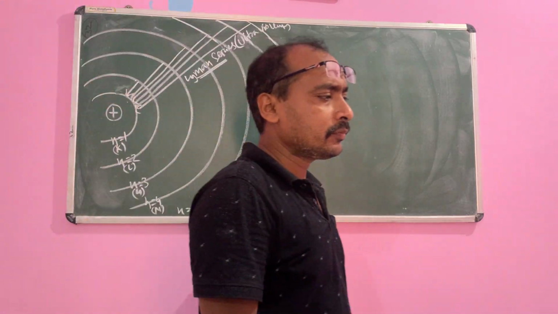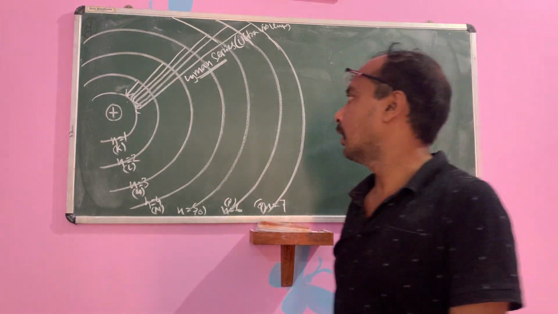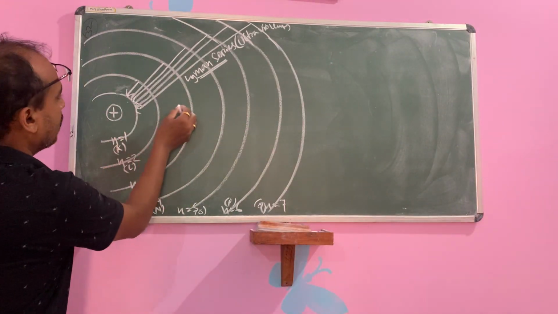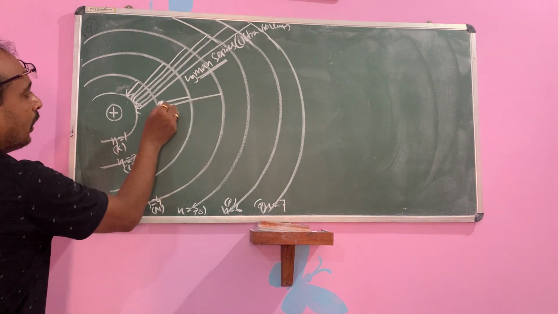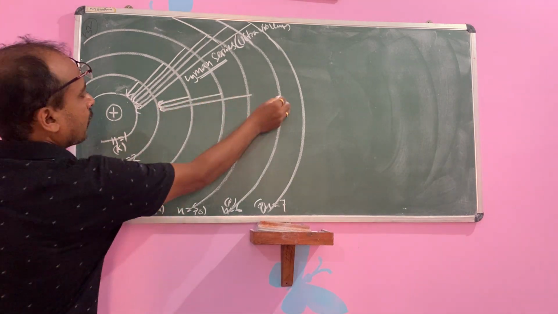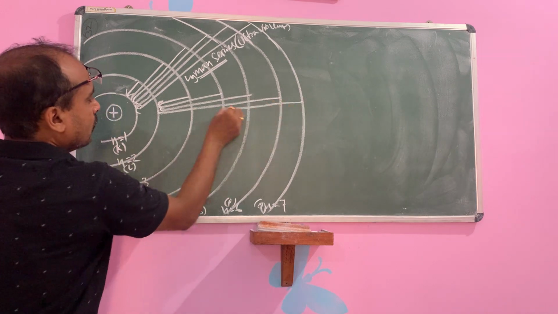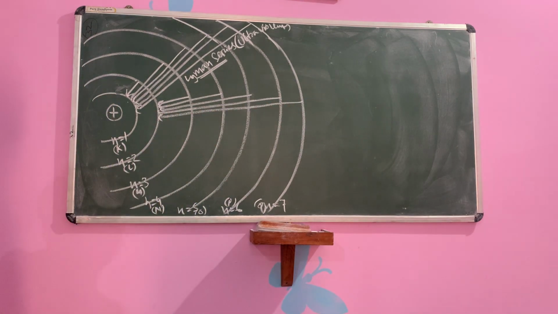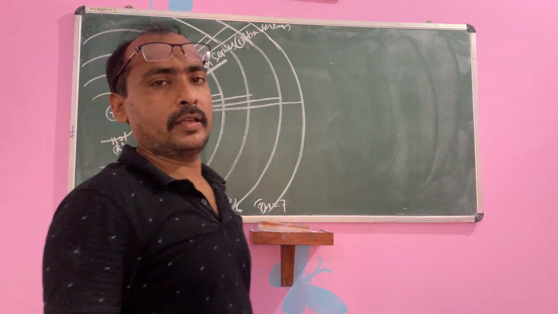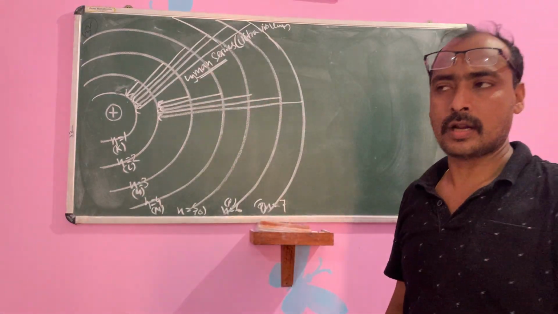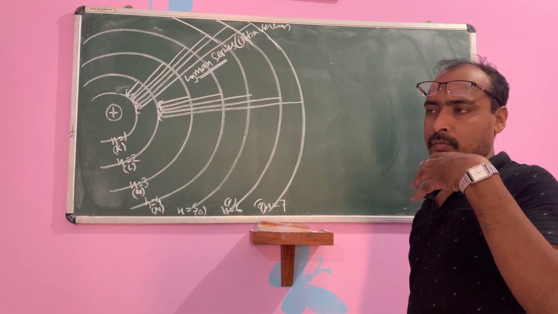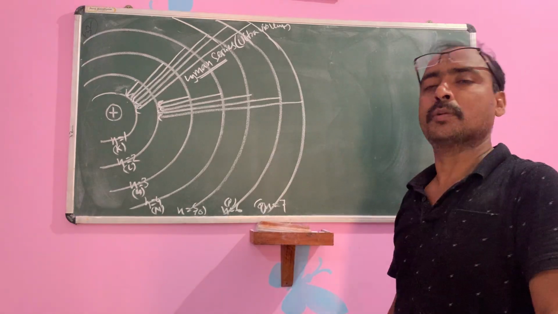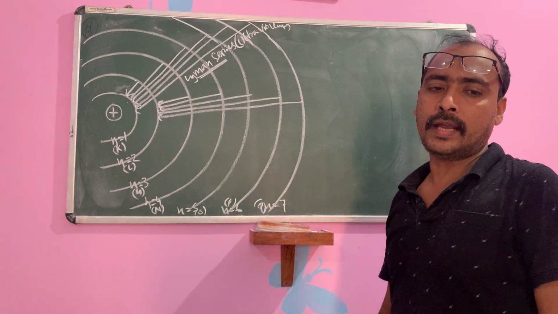Similarly, 2L. The second series is the Balmer series. First is Lyman, then Balmer, then Paschen, then Brackett, then Pfund.